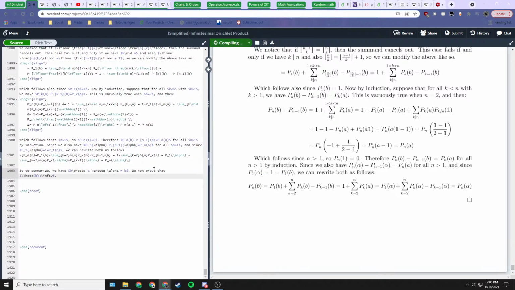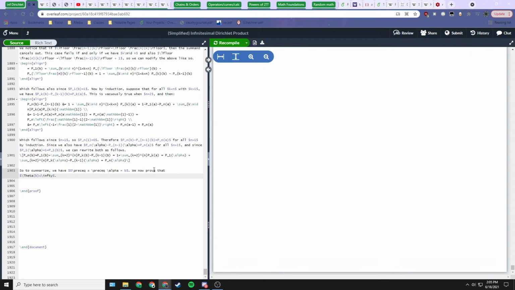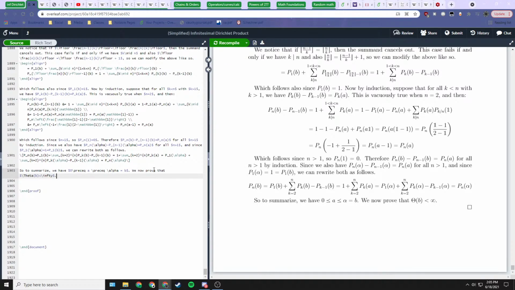So actually I have a much stronger result on the theta value of b. Actually we know exactly what it is. But I think that's maybe going to be hard to do. So let's see. Or rather, it won't be hard to do, but it'll be maybe a little unnecessary. Possibly. Okay.